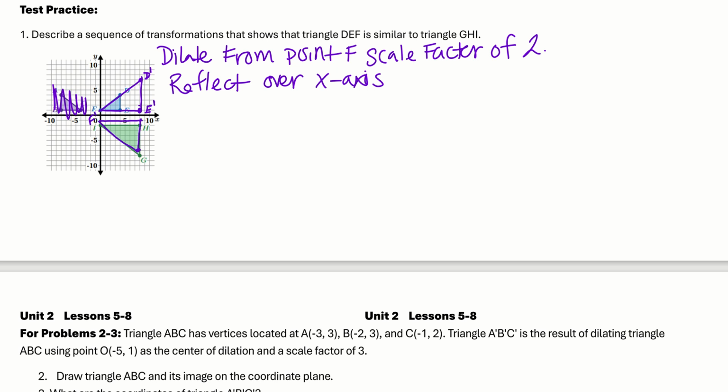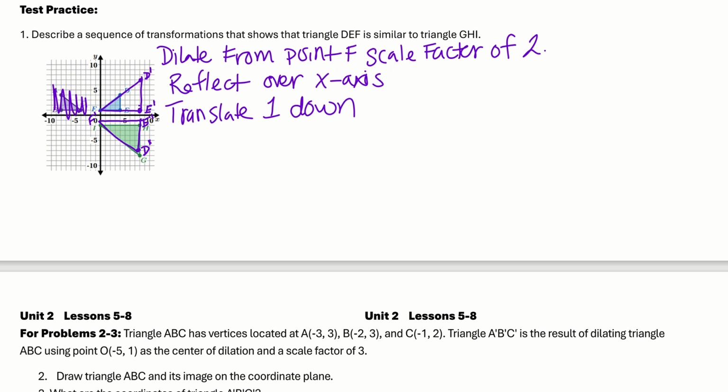So here's F prime. This is what we call double prime and D double prime. And then I clearly need to translate 1 down.